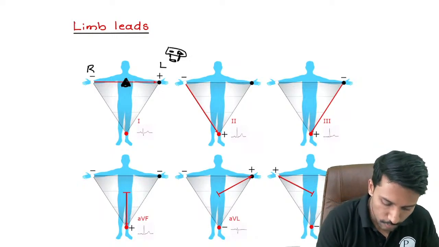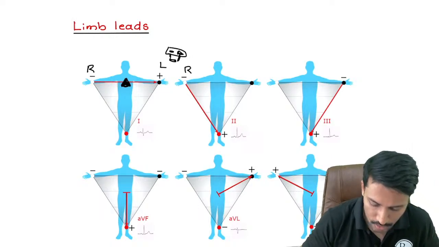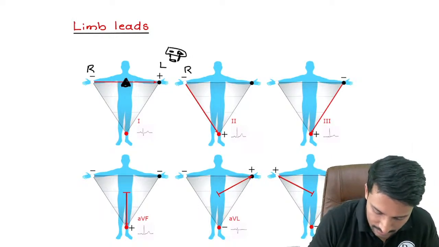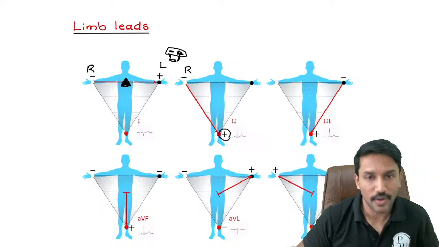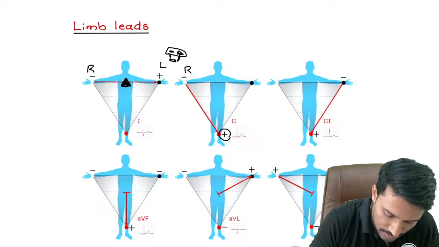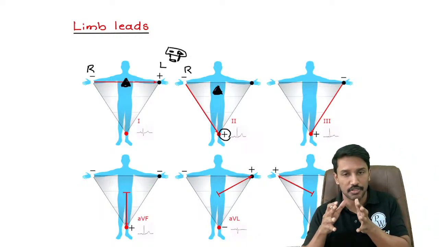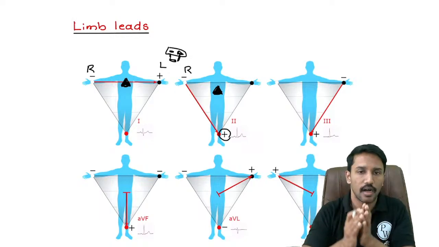Okay. Similarly, for lead 2, the right hand is going to act as negative and the left leg is going to act as positive. So you can presume that for lead 2, if the heart is here, I have placed the camera on the patient's left leg. I am sitting on the patient's left leg and I am looking at the heart.